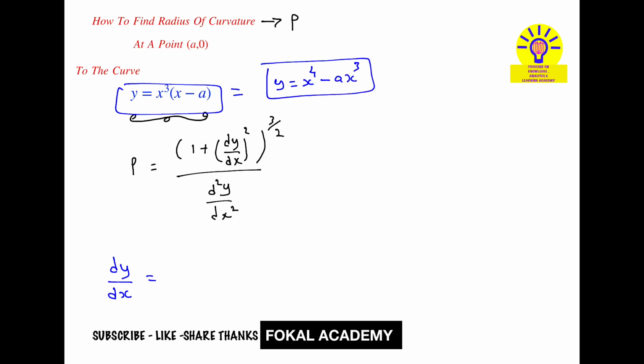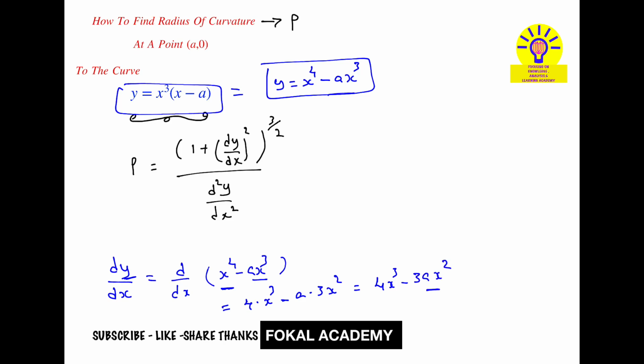Now apply the derivative: d by dx of (x power 4 minus a x cube). Using the exponent formula, that is 4 into x cube minus a into 3x square. So it becomes 4x cube minus 3a x square. This is the first derivative.